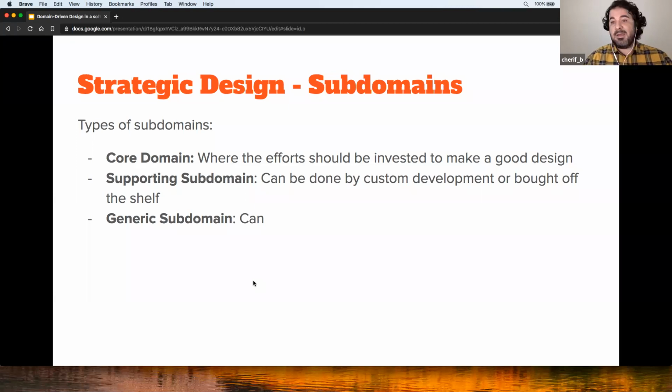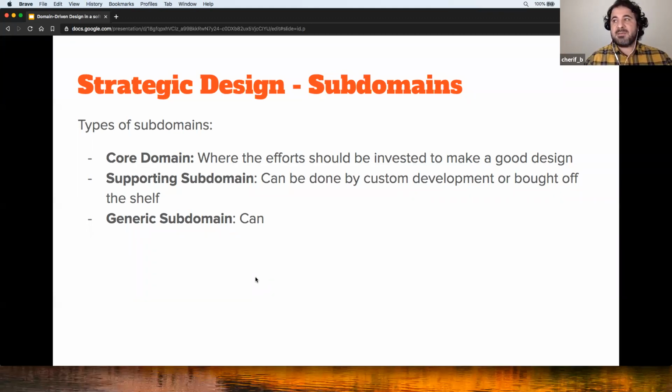The answer to the why can help us understand what the core domain really is. It's where the real value of the system resides, and here we can put our good programmers, our senior developers.